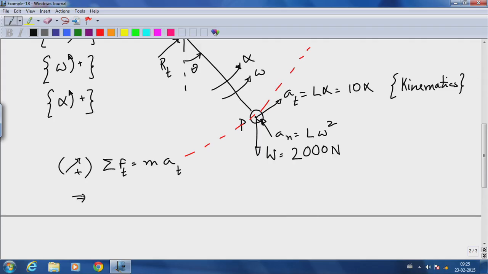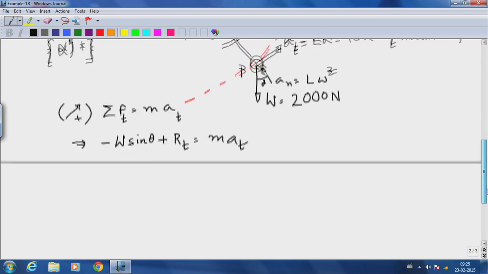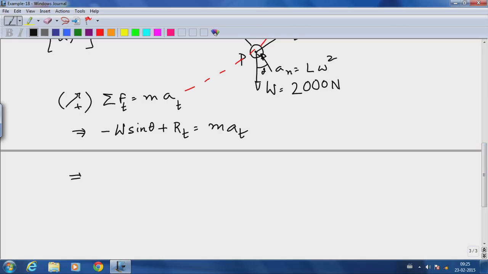So, what does that give us? If this is theta, then this is also theta. So, minus W sin theta plus R sub t equals mass times the tangential acceleration. Let us put some numbers. This is minus 2000 sin theta.